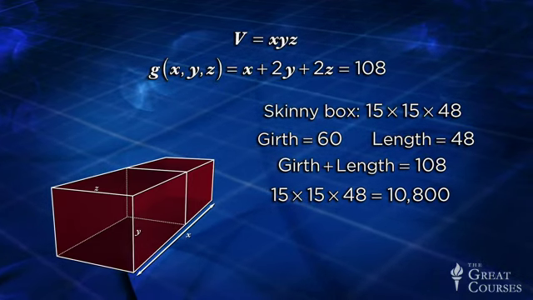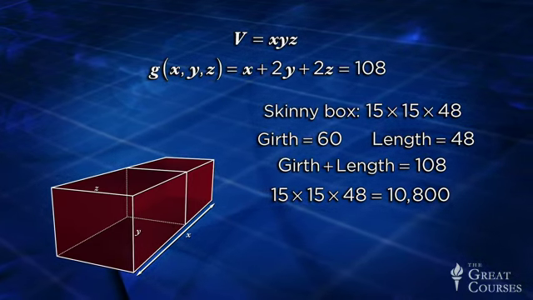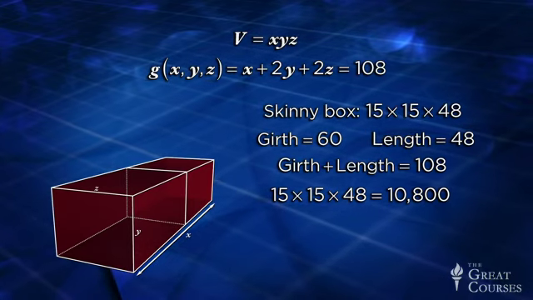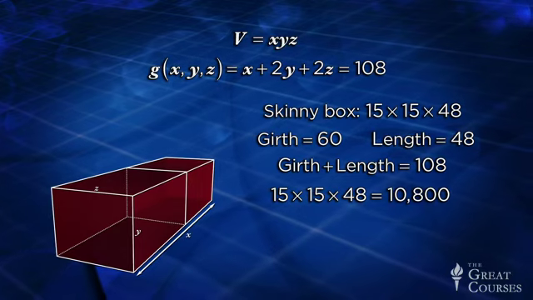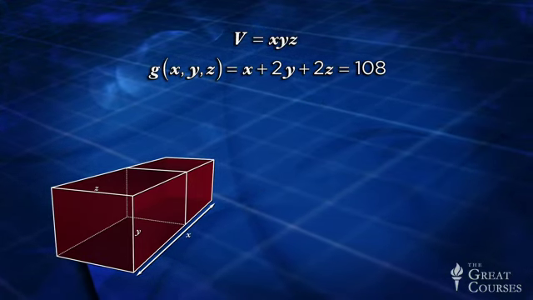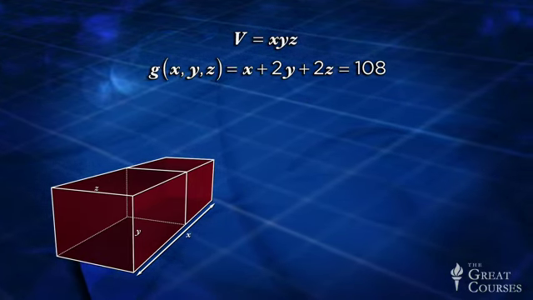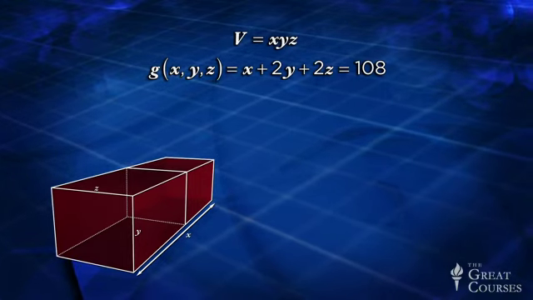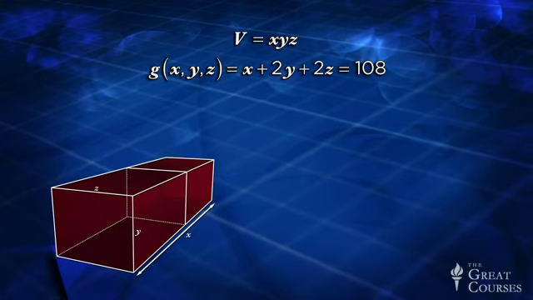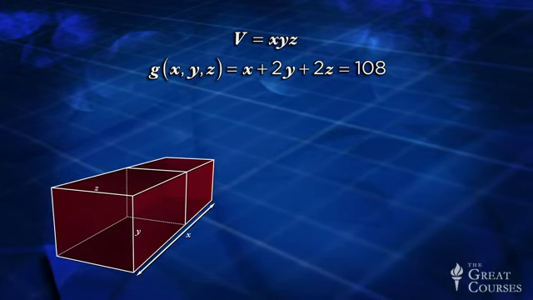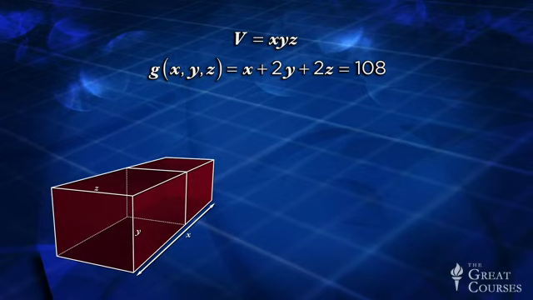But of course, along comes the employee that studied Lagrange multipliers, and that employee is going to do even better. So let's see how it works. We want to maximize the volume function V equals xyz. The constraint, g of x, y, z equals x plus 2y plus 2z equals 108.